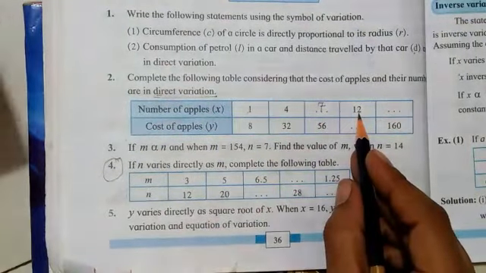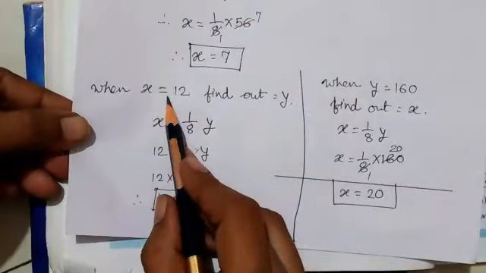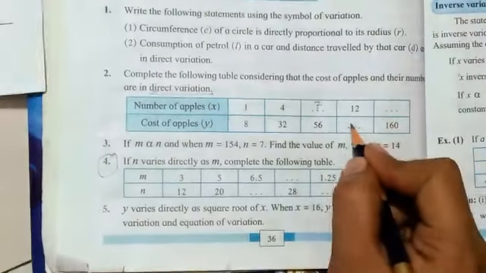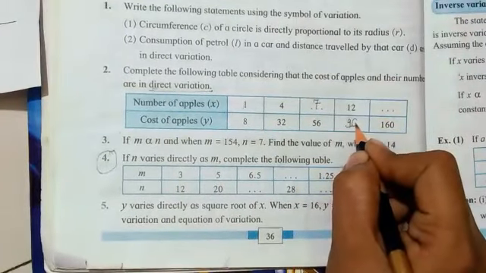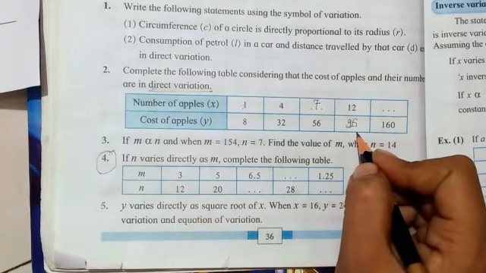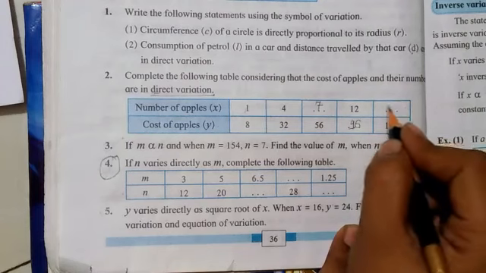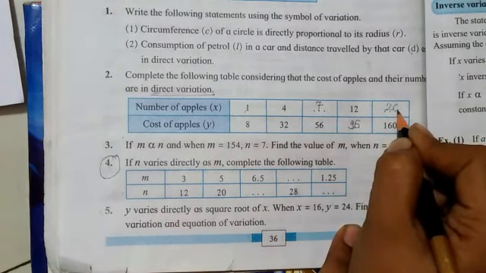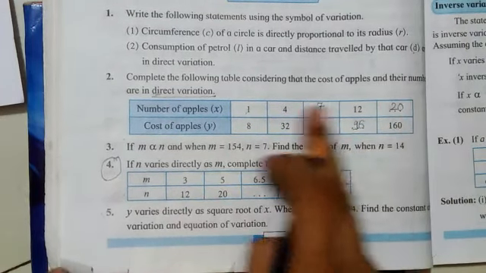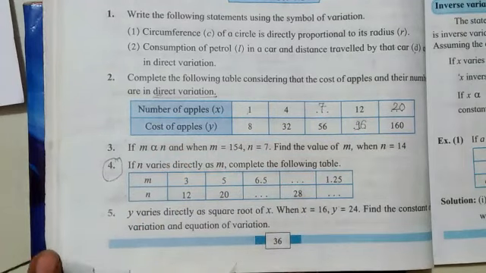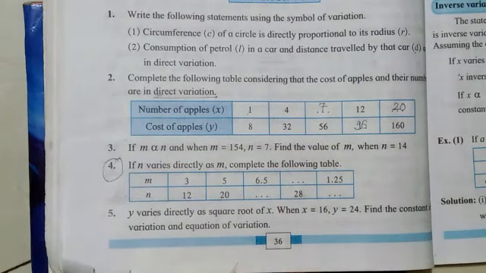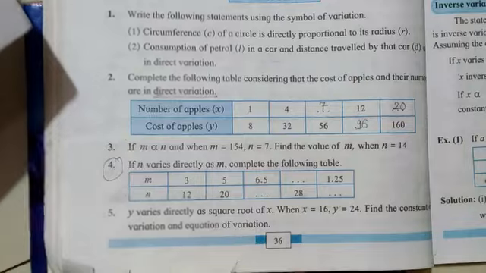If the number of apples is 12, it means x is 12, then y is 96. It means its cost is 96, so we write 96 here. And at last, if the cost of apples is 160, then the number of apples is 20. In that way, at the end of the answer, you have to prepare this type of chart and put the values inside it.